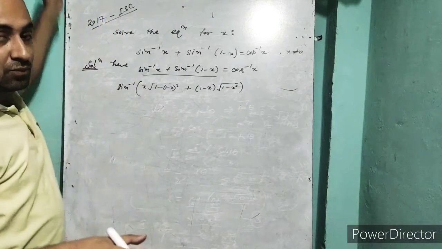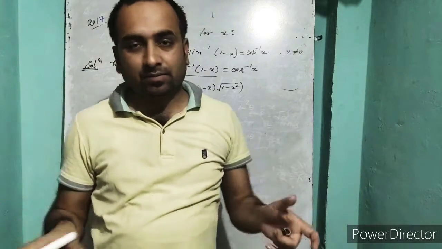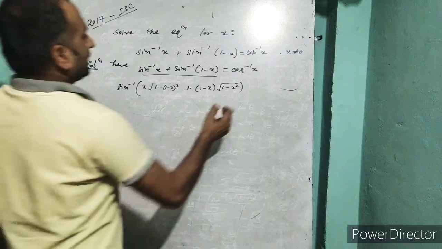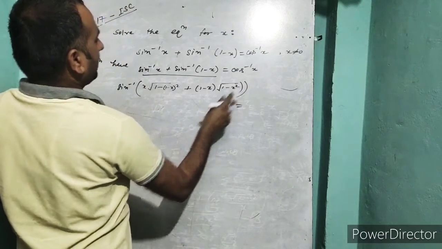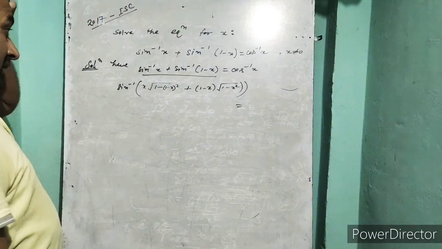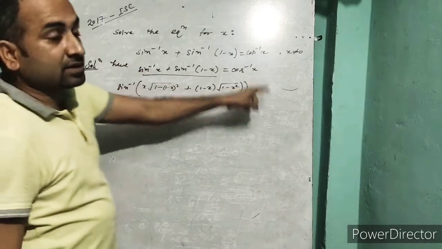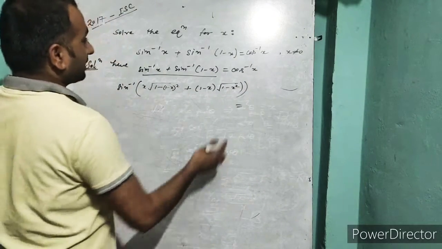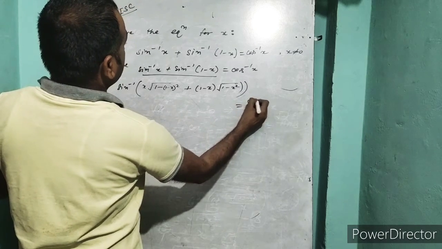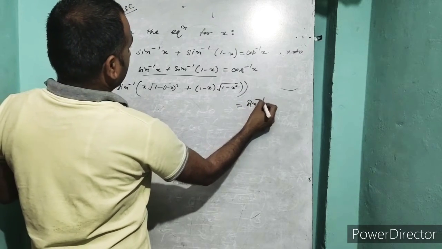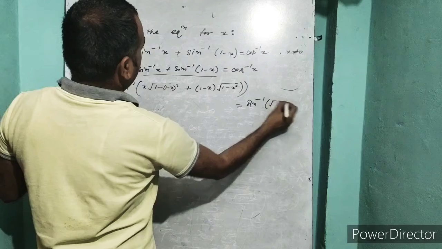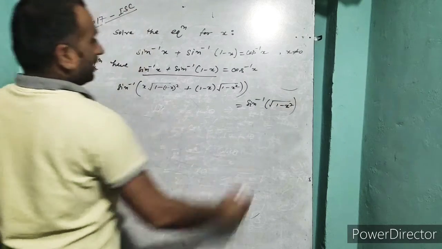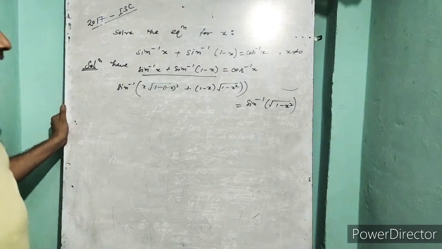We will apply here the formula of sin inverse x plus sin inverse y. Now see, on the right side it is cos inverse x. Can you change cos inverse x in the form of sin inverse? Yes, because cos inverse x is equal to sin inverse under root 1 minus x square. Is it clear?